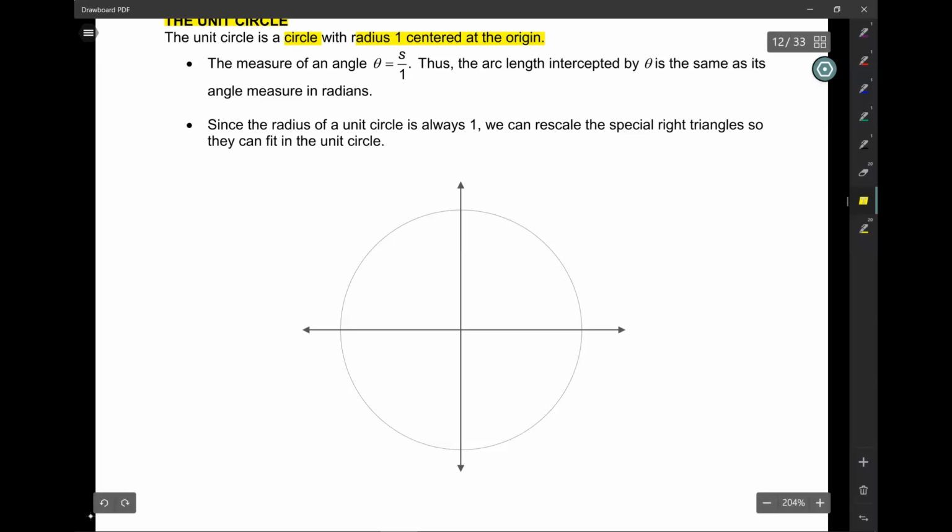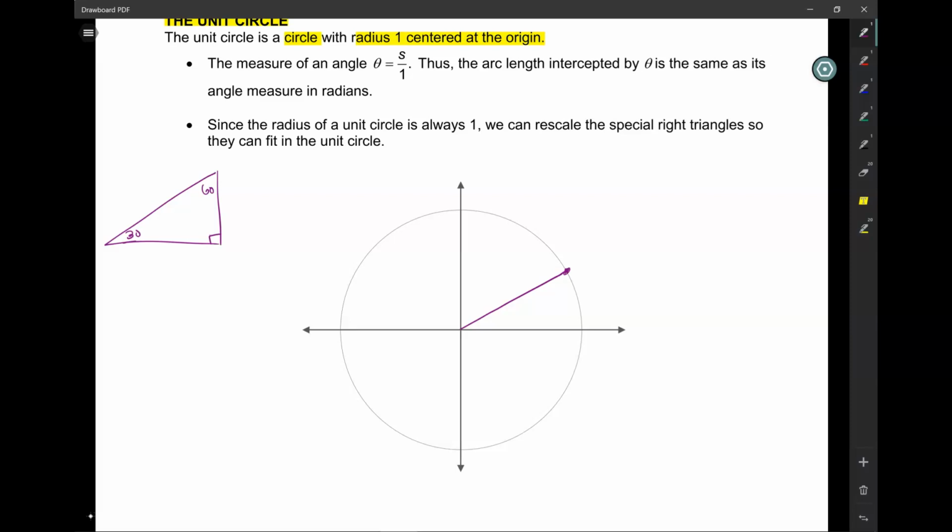Remember the special right triangles? The 30, 60, 90 triangles, right? So look, this is a 30, 60, 90 degree triangle. If I have a 30 degree angle, that's like pi over 6 in radians. If I make a 30 degree angle, that's what it looks like there. It intercepts the circle at a specific point.